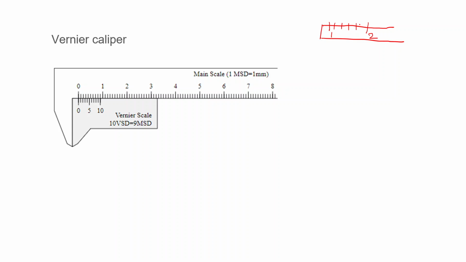If I'm measuring using this, then the least I can go is 0.1 centimeter. 1 millimeter is the least count on any regular scale that we use.